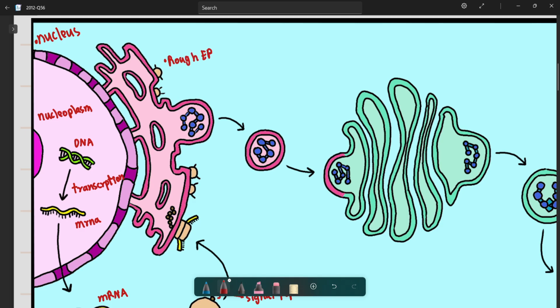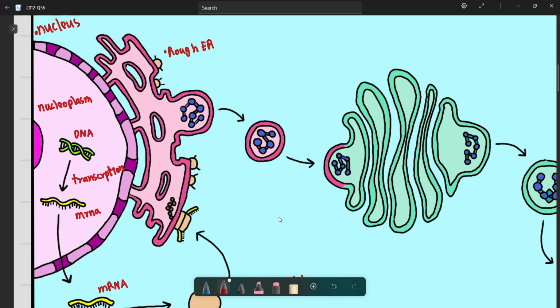Note that rough endoplasmic reticulum does not stay as rough ER, because endoplasmic reticulum can either change into rough ER or into smooth ER, depending on whether there are more or fewer ribosomes on the surface.